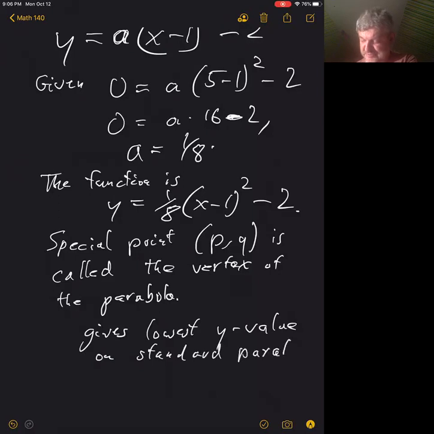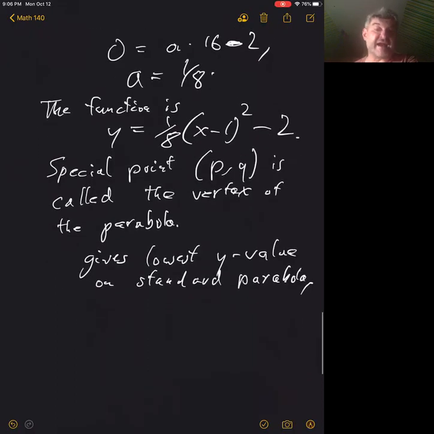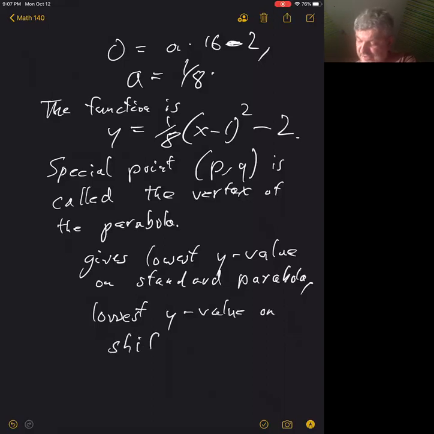Standard parabola. And if we shift that, it gives the lowest y value on the shifted parabola.